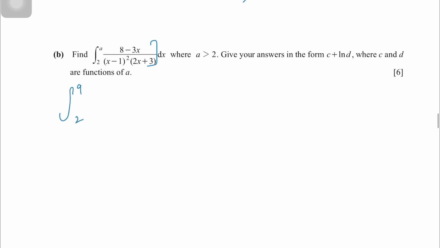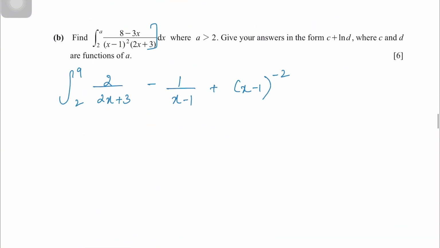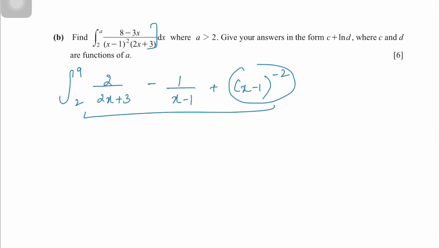So this would be 2 over 2x plus 3, negative 1 over x minus 1, positive x minus 1 to the power minus 2. So I have written all this here, right? I have just taken this to the upper side, right? So let's solve this. This is basically a function in the denominator.